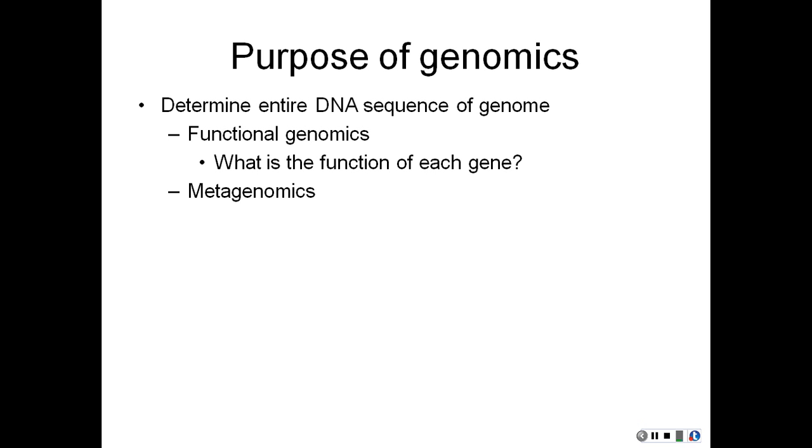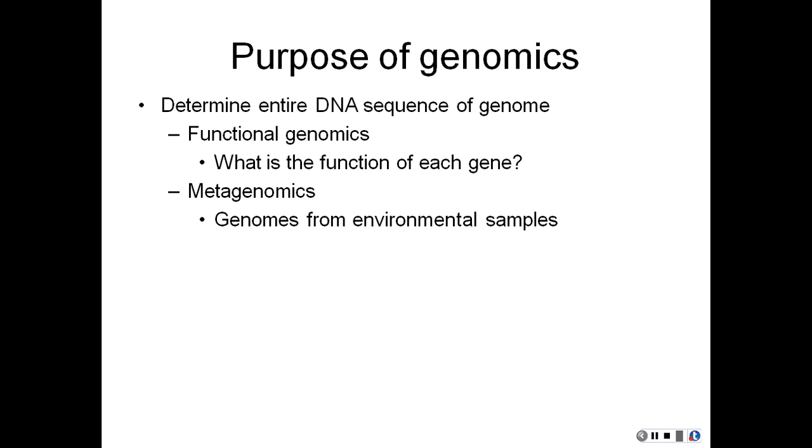And then, of course, there's this whole field called metagenomics. This is something I've talked about in class, although I haven't used that word. This is when you go into an environment, and that would include the environment of the human body, and you just find out what genomes are there. I've mentioned before that you really can't grow a lot of microbes in the lab. Less than 1% of the bacteria that are out there or on us will grow in the lab.